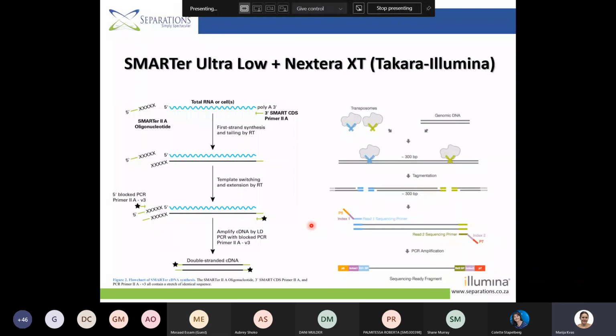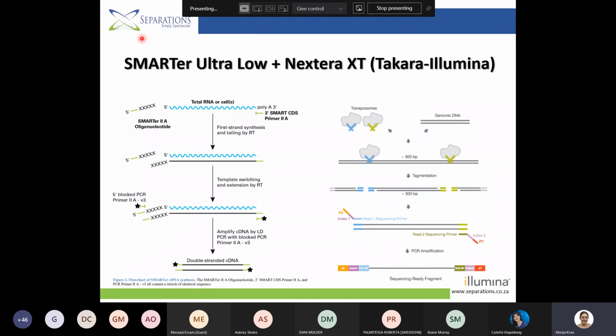The last application that I want to touch on, I'm not going to go too much into it because we will deal with it next week. But a really popular application that is popping up is single cell RNA sequencing, and here Illumina has partnered with Takara to make this possible.